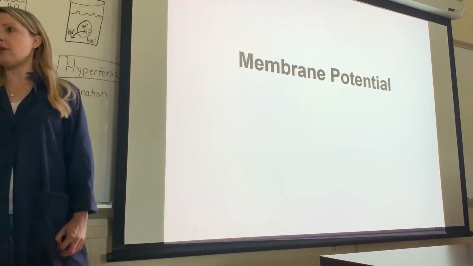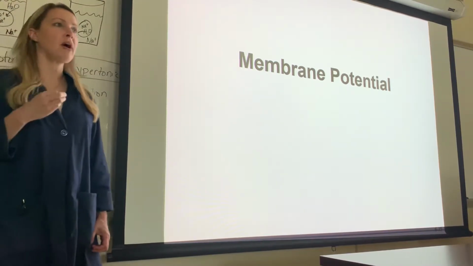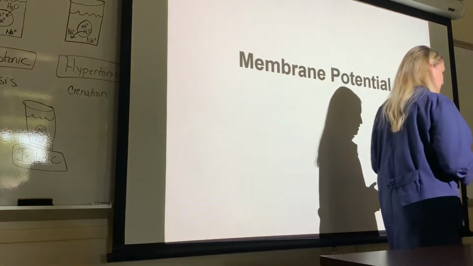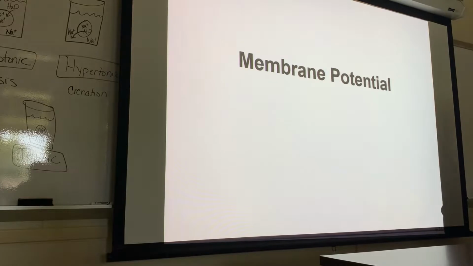Because any cell in the body that can do something, for example, a neuron that can transmit electrical signals, has to have a charge inside the cell when it's resting that can be disrupted to ultimately get it going to do what it's supposed to do.